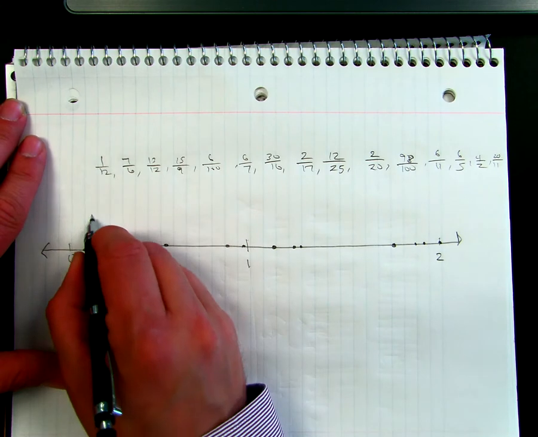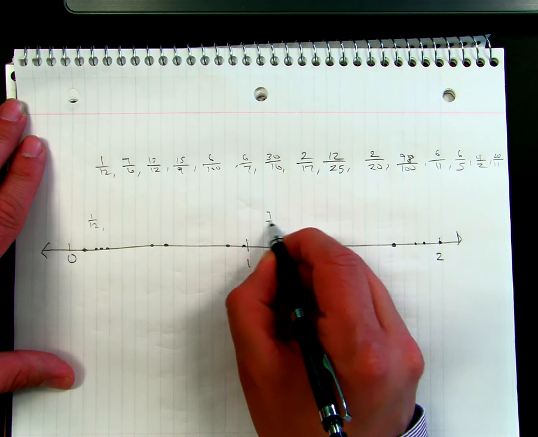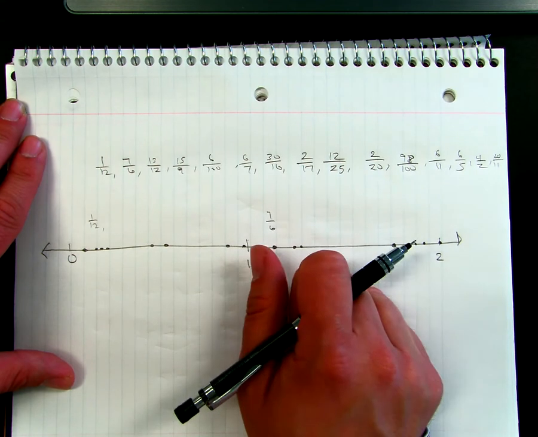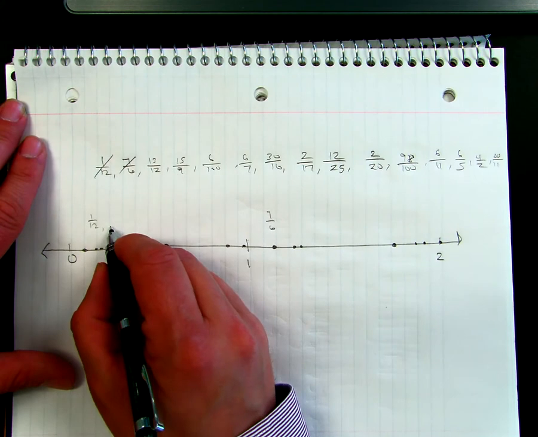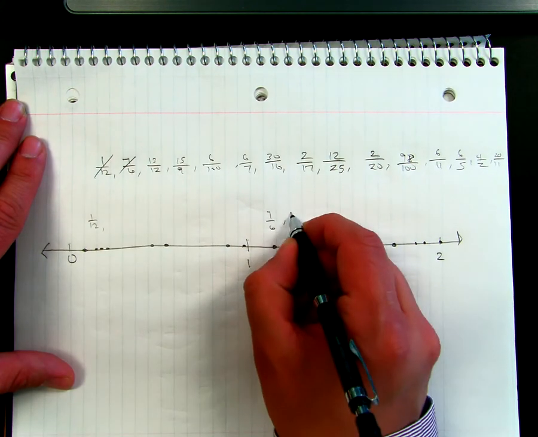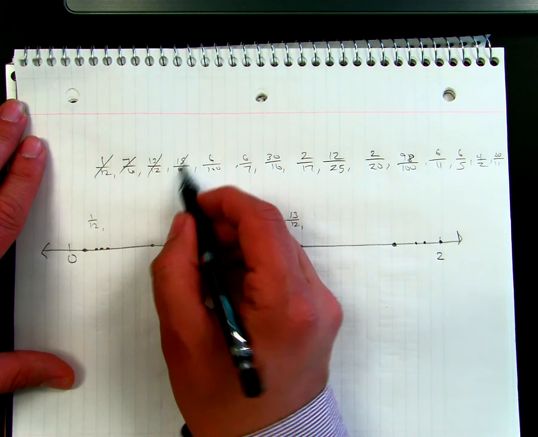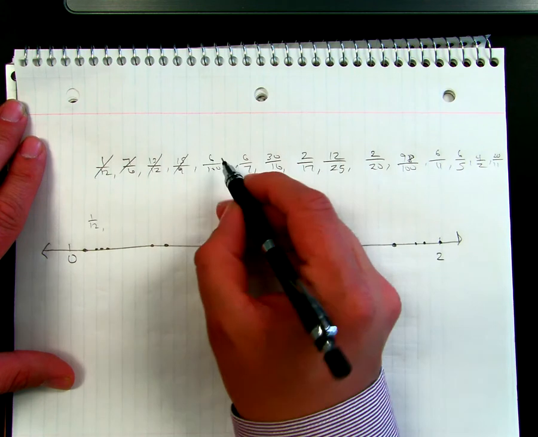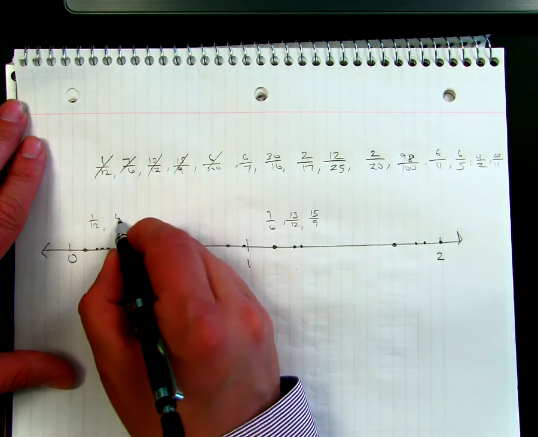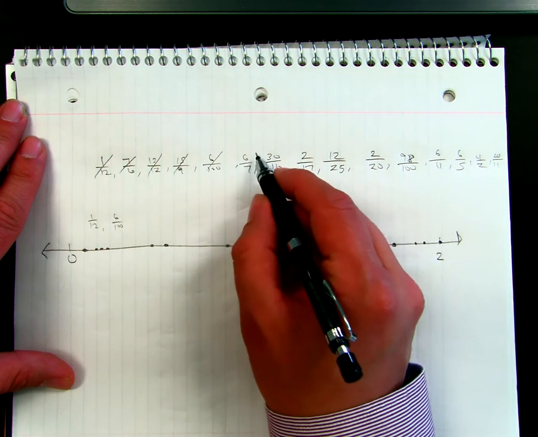Everybody. Left. 7 out of 6. Why? It's more than 1. 13 out of 12. 15 out of 9. 6 out of 100. 6 out of 7.